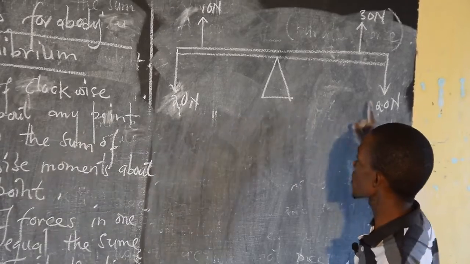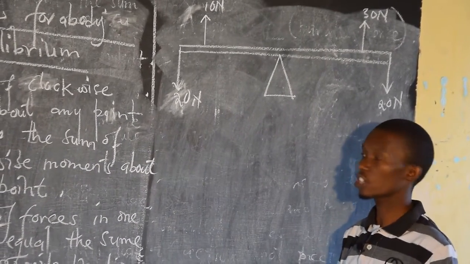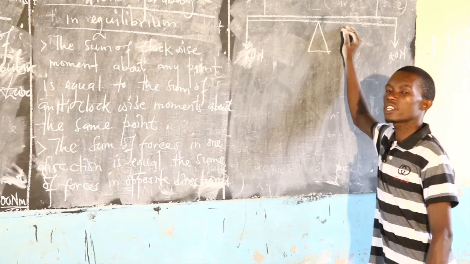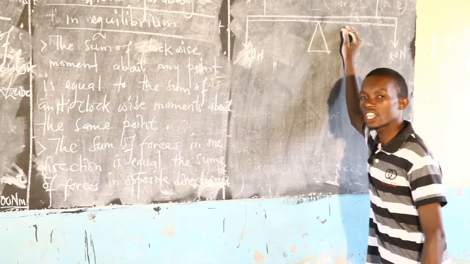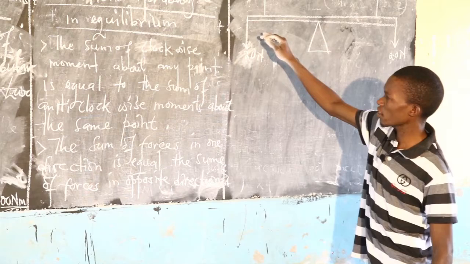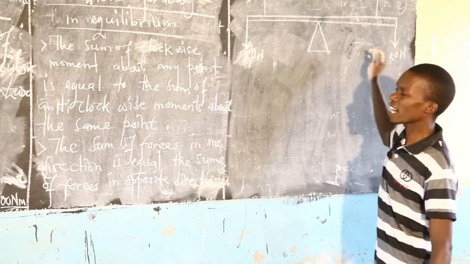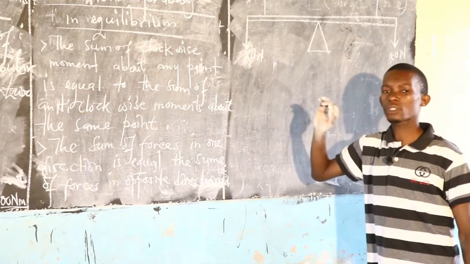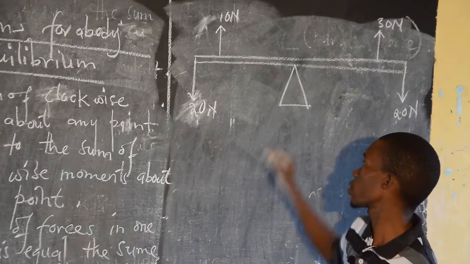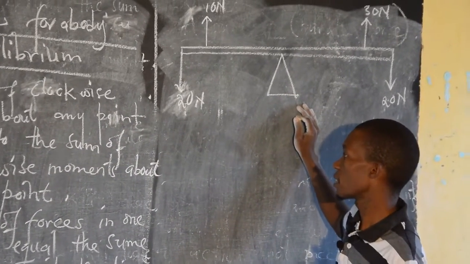These two forces are equal but in opposite directions, which implies that the beam or body is going to be in equilibrium. And therefore, the sum of clockwise moments and the anti-clockwise moments must be equal for the body to remain in equilibrium.